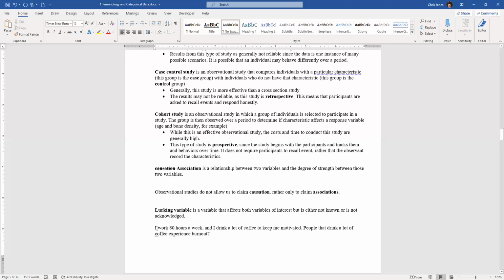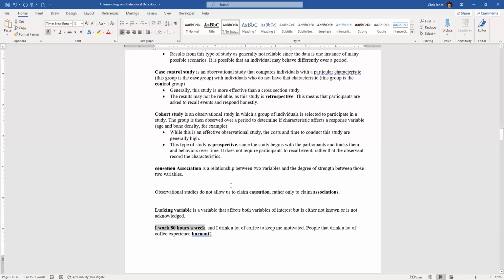But really, the lurking variable is not necessarily the coffee, but it's how often they actually work in a week. All right, so it's really the 80 hours a week of work that's causing the burnout. All right, so that's what we mean by a lurking variable.